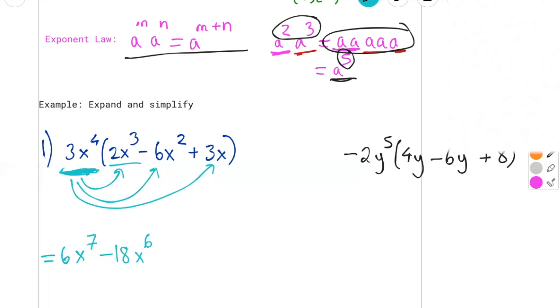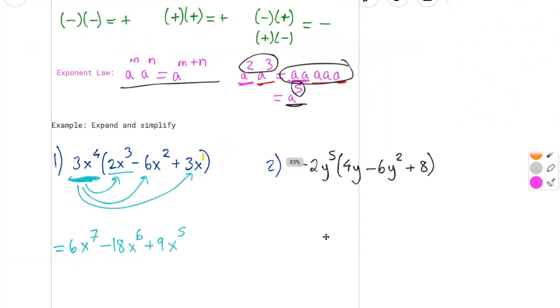If you don't see an exponent on your variable, it's because it's a 1. 3 times positive 3, that's just going to be a 9. So you have a 9 there. X to the 4 times x to the 1, add the exponents, you get x to the 5. So again, pause the video, try the second example on your own, and then play it, see if you get the right answer.